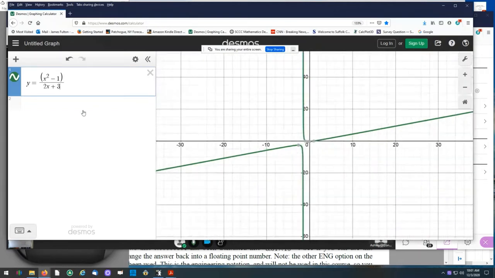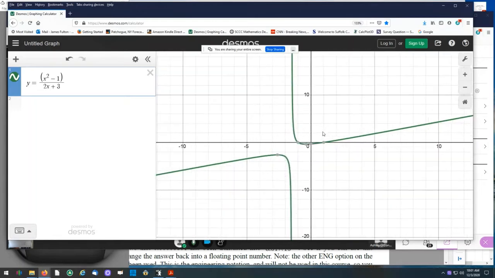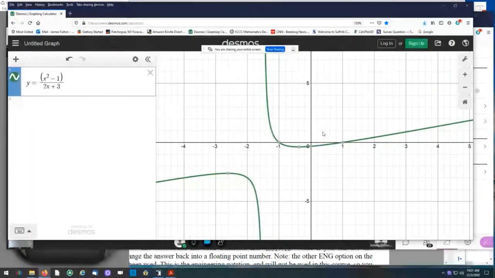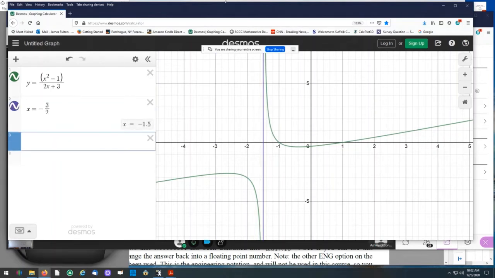All this crazy stuff happens when x is equal to negative 3/2. I zoom in here, right here. Let's put that in. X equal to negative 3/2, 1.5. I do see there is my vertical asymptote.